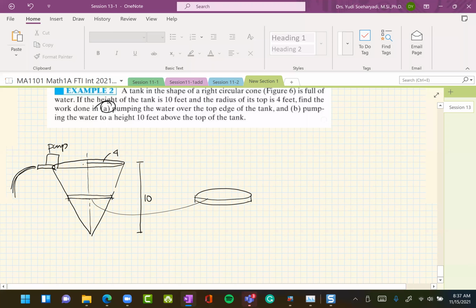The thing here is we need to find this one. So let's put our coordinates here. This is y. This is 0. This is 10.